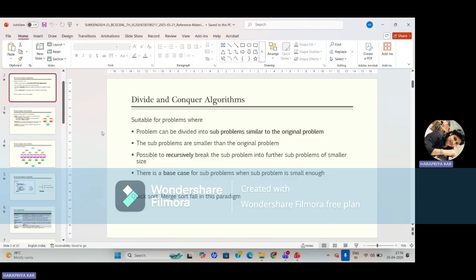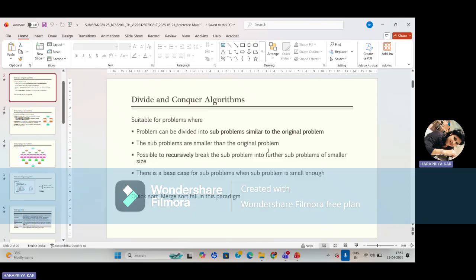That means, suppose I am breaking a large problem into sub-problems, then again that particular sub-problem can be recursively broken, reduced or converted into smaller problems. Whatever the sub-problem is, we can also reduce it into a smaller size.